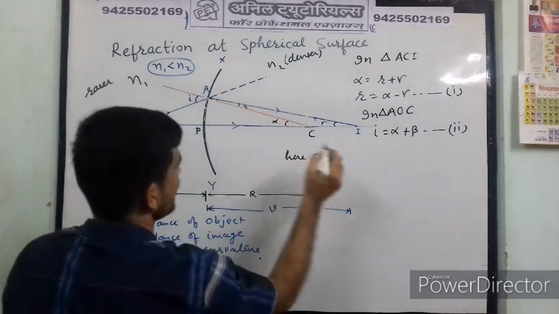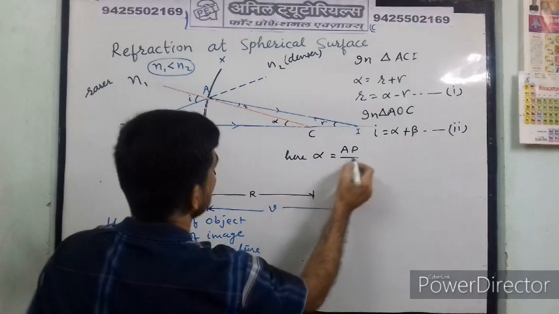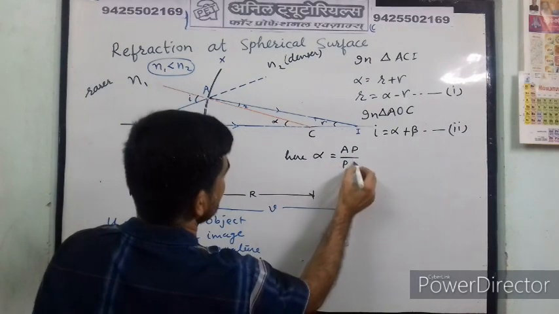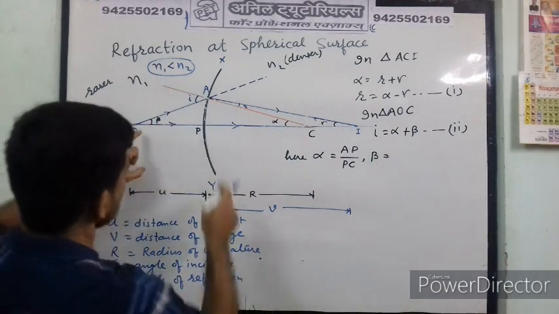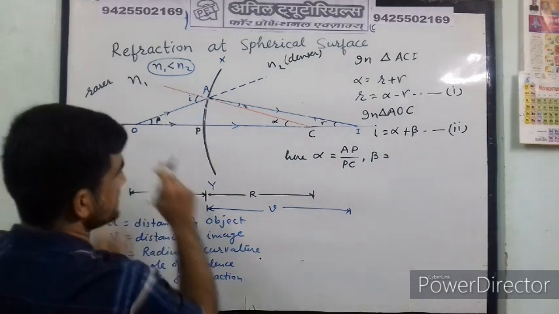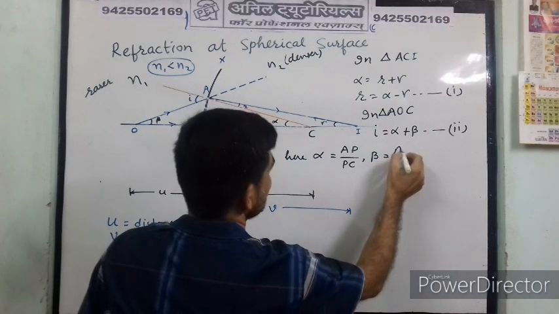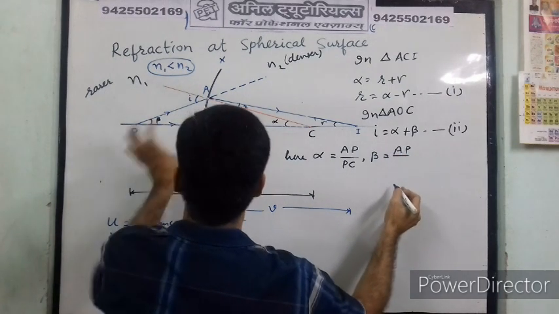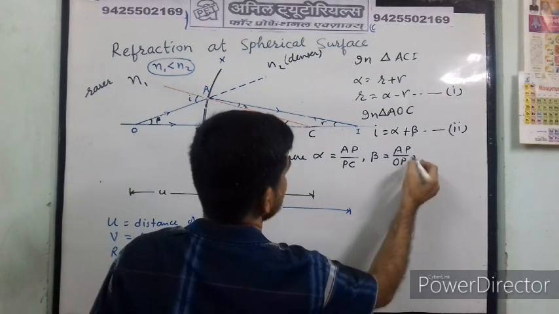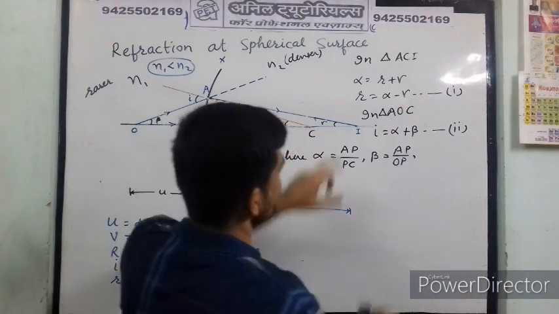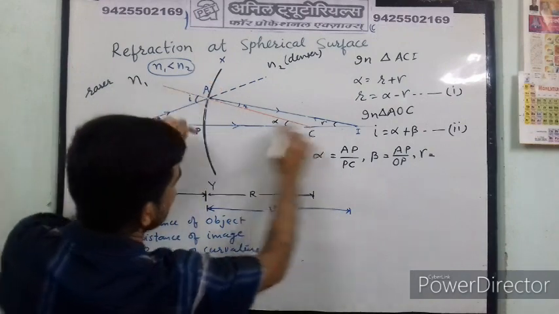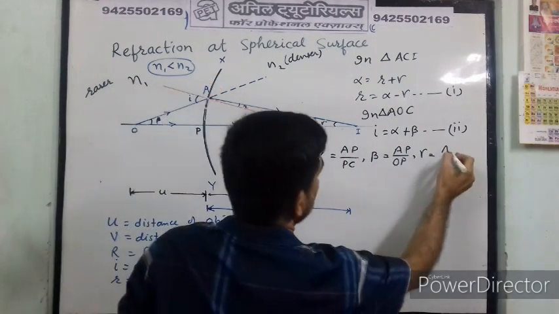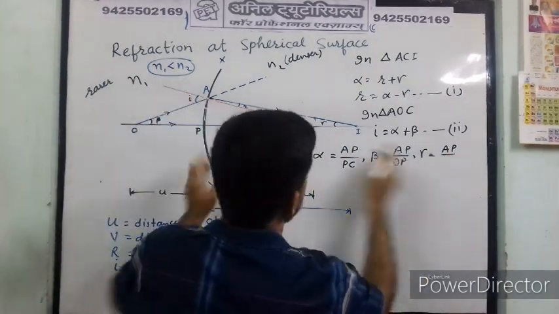Arc is AP upon radius PC. What about beta? Beta is the angle, arc upon radius here also. So the arc is the same for all, AP upon OP. And also gamma. The angle gamma is equal to arc upon radius, AP upon IP.